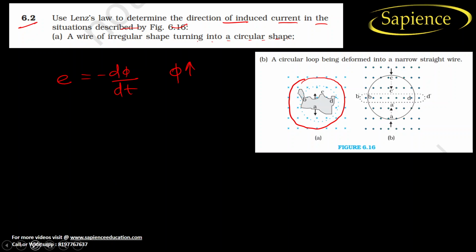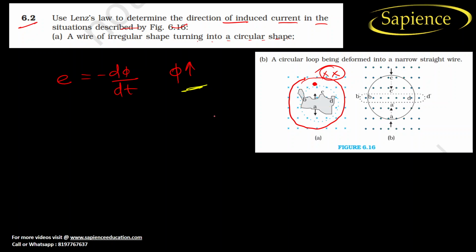Now what will happen if there is an increase in flux? It will create a current in such a way that it will try to decrease the flux, right? How will it try to decrease the flux? By creating a magnetic field. In which direction? If the magnetic field is going inside, it will try to create a magnetic field in such a way that it decreases this. How will this be possible? The magnetic field should come outside.